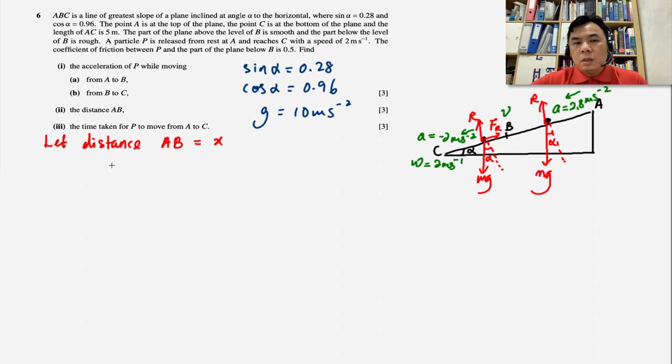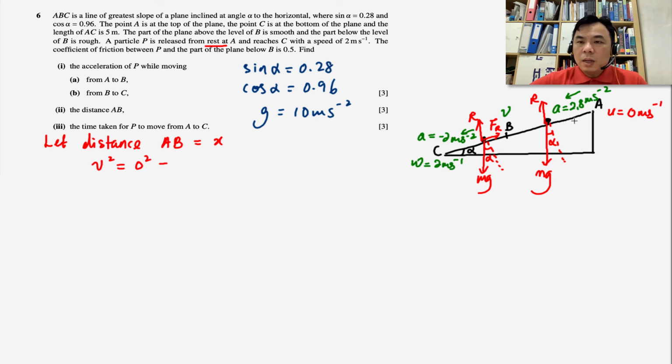By using the SUVAT equations again, that will be V square equal to, because it was released from rest, the initial velocity must be equal to 0. So 0 square.